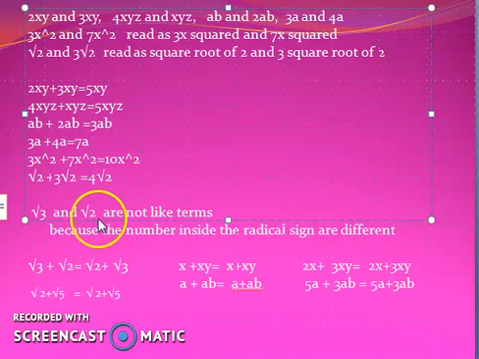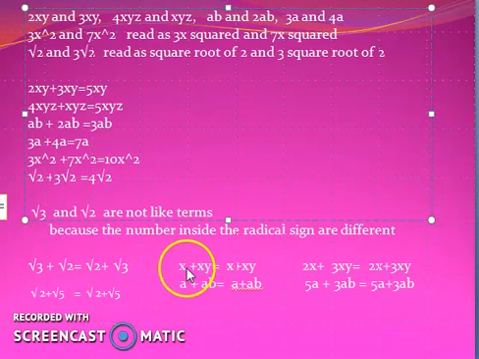We cannot combine them together because the numbers inside the radicals are different. So we can rewrite it like square root of 3 plus square root of 2 equals square root of 2 plus square root of 3. Same thing here, square root of 2 plus square root of 5. Your answer will be the same because we cannot combine these together. Their coefficients are 1, but we cannot add them together because they have different numbers inside the radical sign.